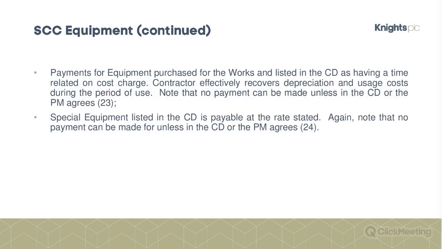So, I mean, there's a sort of calculation here, but effectively the contract recovers depreciation and usage costs during the period of use. I think the logic there is that if you buy a piece of equipment for a specific project, and this is going to be fairly rare, I would imagine, you can use it and basically recover sufficient to pay for any shortfall if you were then to go back onto the open market to sell it on the second-hand market.